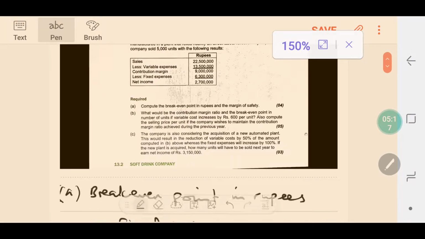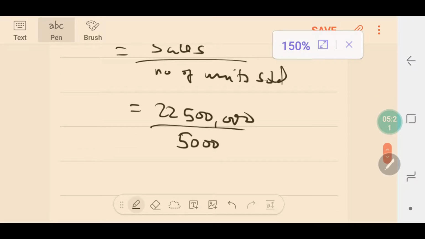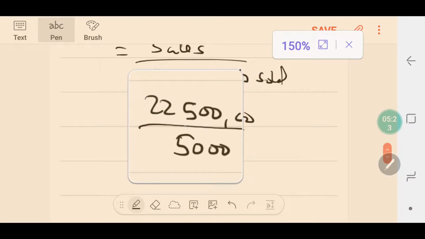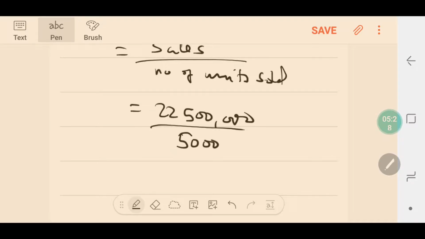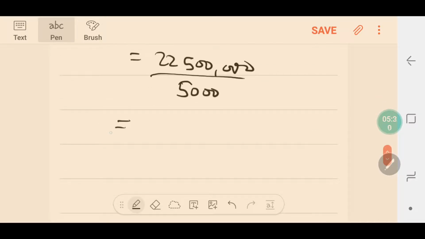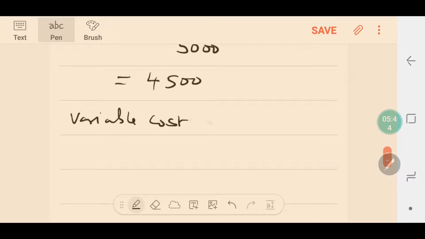So let's go and calculate. Price per unit, you take 22,500,000, which is total sales, divided by 5,000, which are units sold, and you will get 4,500. After that, you will have to calculate variable cost per unit.